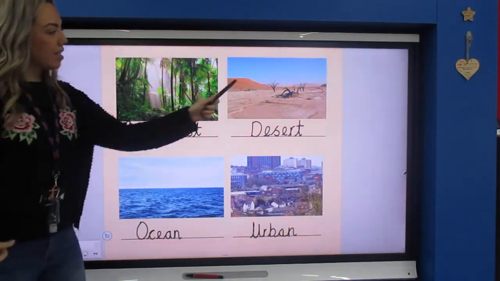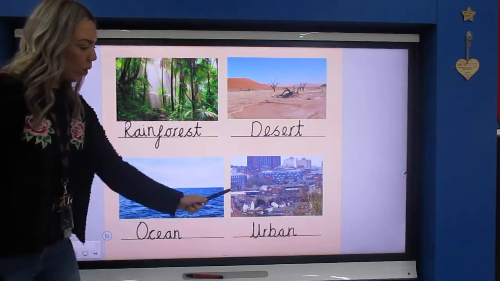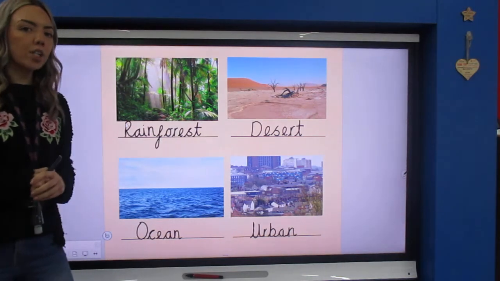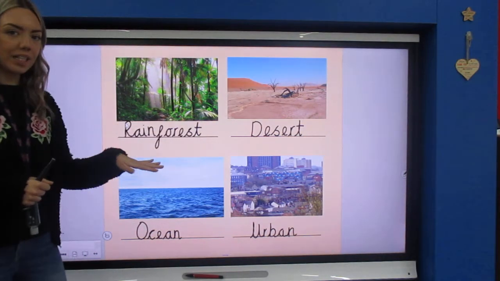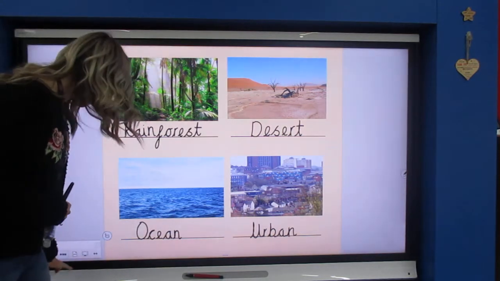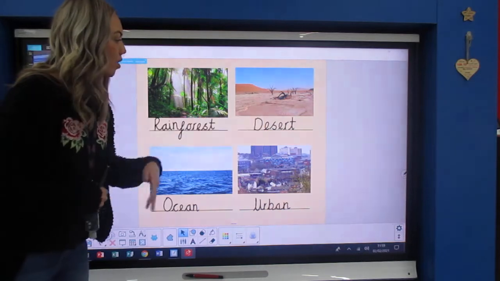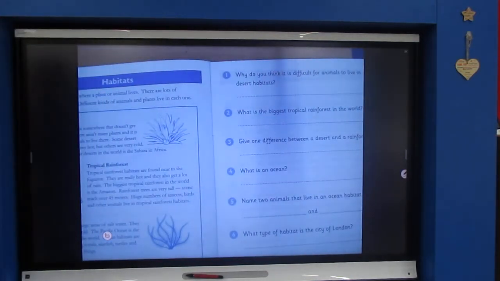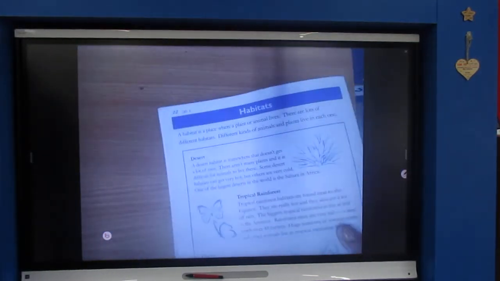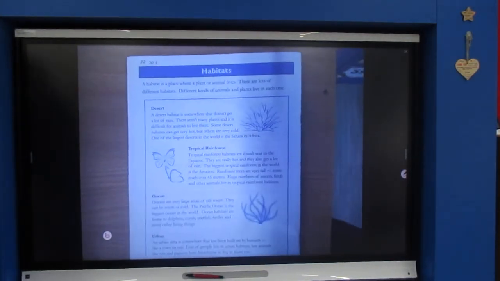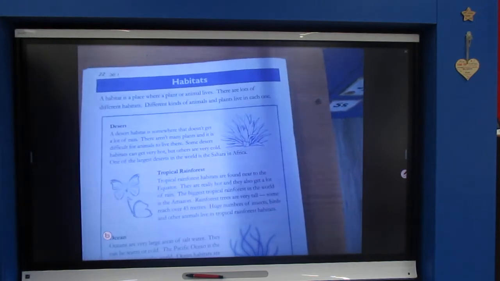So we've got our 4 types of habitat. Now you might have seen these before, but today in your text you're going to explore lots of different facts about each one, okay? So let's go to our workbook for today and have a look at our text. Okay, and we're going to read the text together today, and I'm going to make sure that you can see.